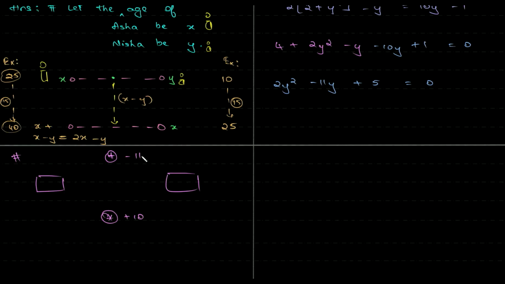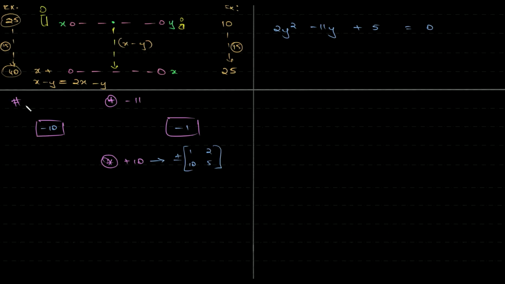Factors of 10 are 1 and 10, and 2 and 5. So we take minus 1 and minus 10, which give minus 11 when added and plus 10 when multiplied.